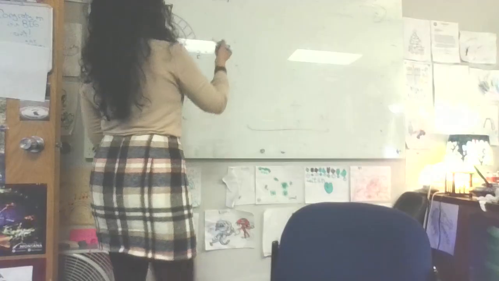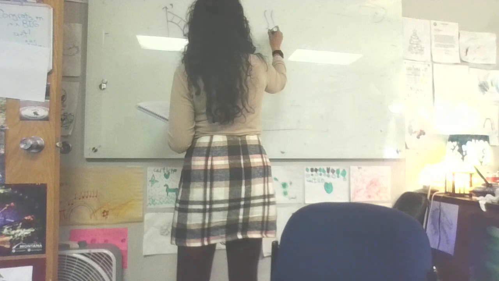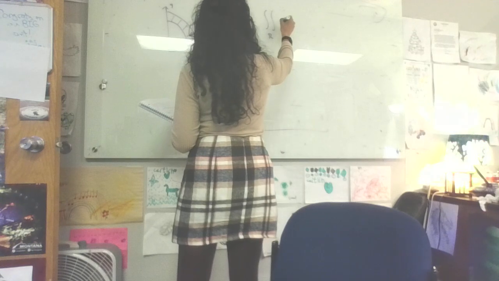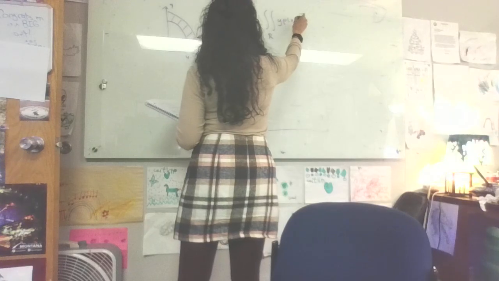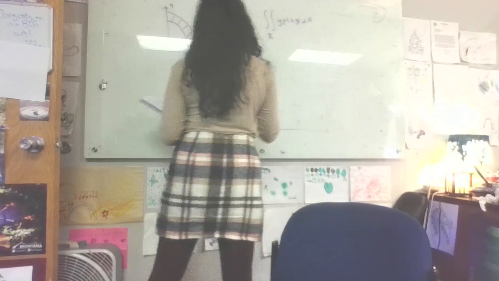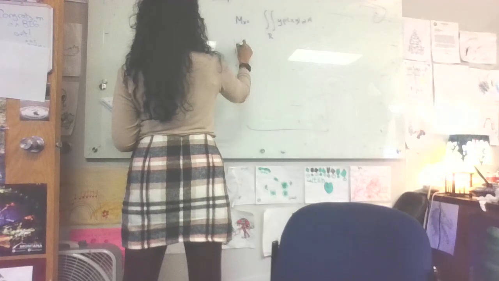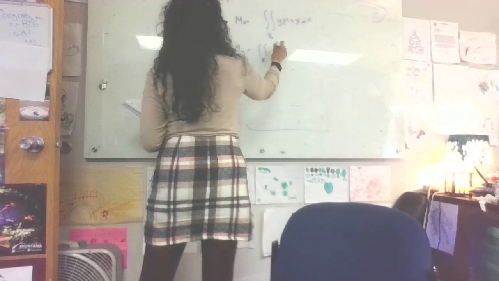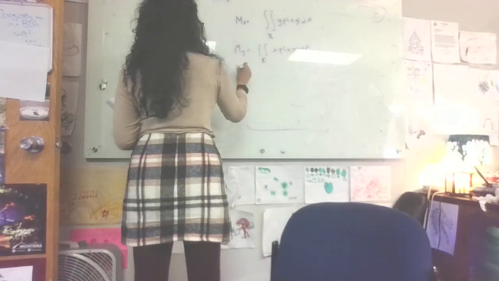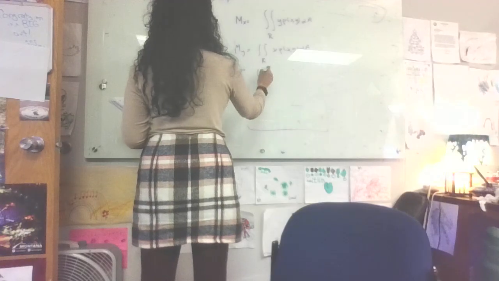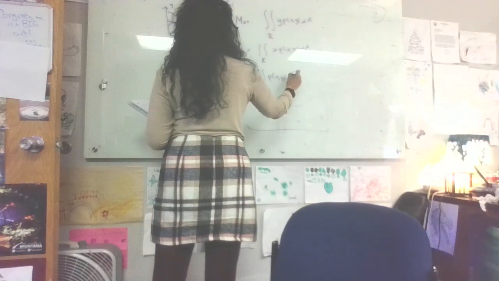Okay, so you need to compute this Mx, which is the double integral over the region of y times rho of xy dA, and then My would be the double integral over the region of x times rho of xy dA, and little m is the double integral of just the density over the region dA.